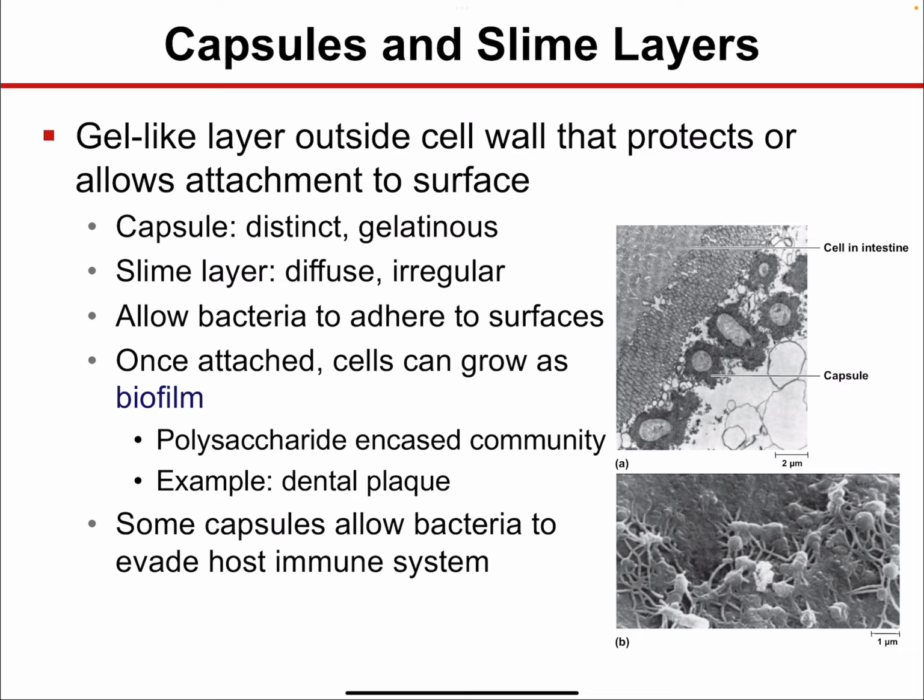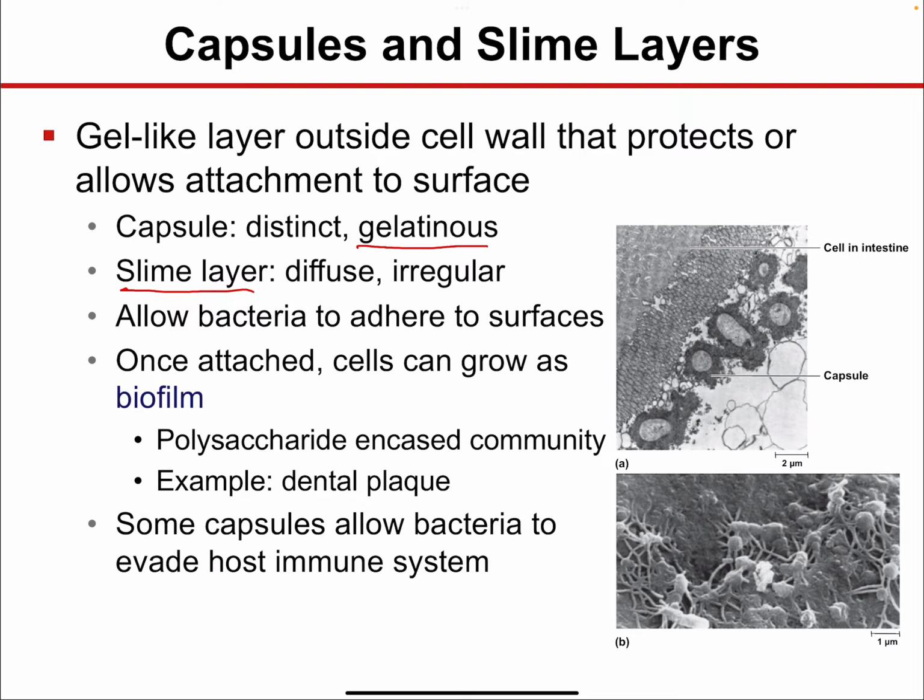The capsule is gelatinous. The slime layer is very similar to the capsule, except that the capsule is tightly attached to the cell, while the slime layer is loosely attached to the cell, right? The functions are roughly similar.